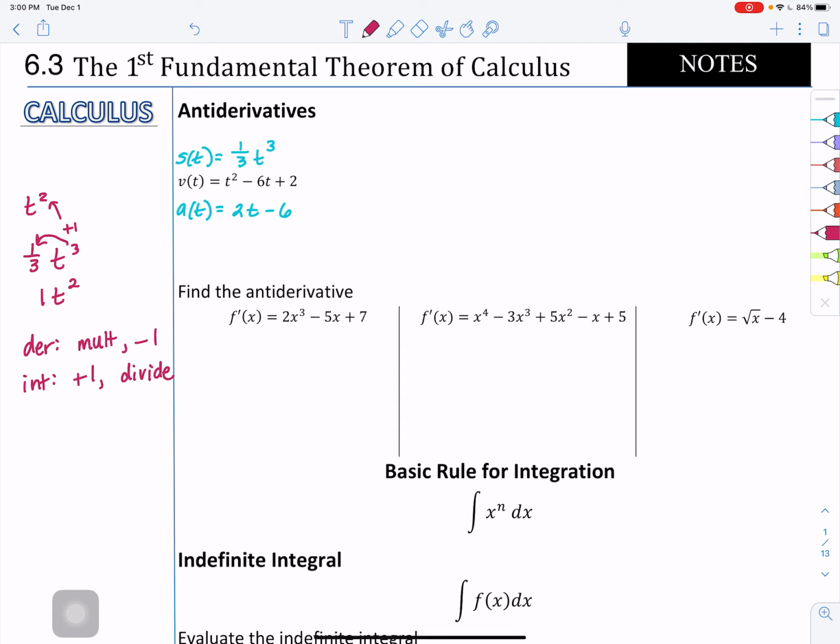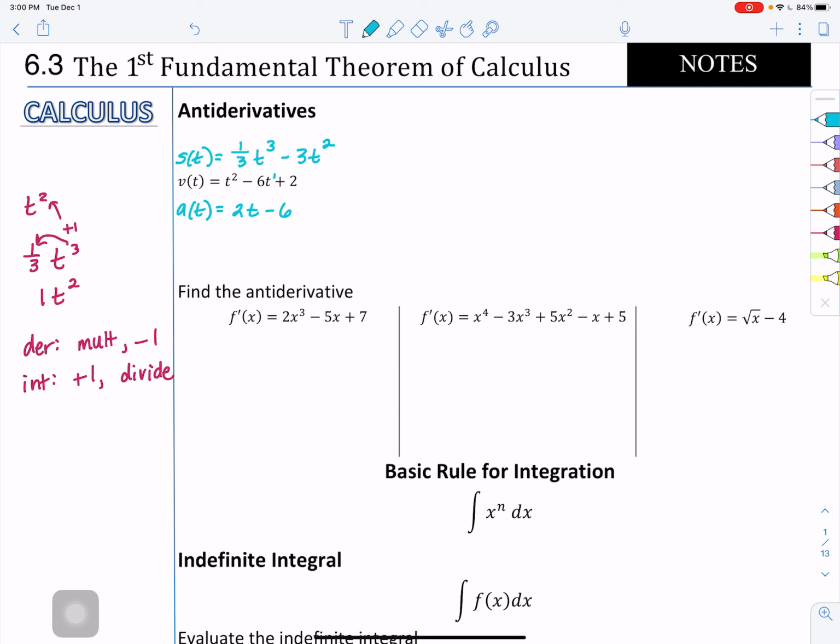Okay, so let's go ahead and see if we can do that for this next term. Minus 6t, if I add 1 to that power, right now it's a 1. If I add 1 to that, that's a 2. Take negative 6 divided by 2, that's a negative 3t squared.